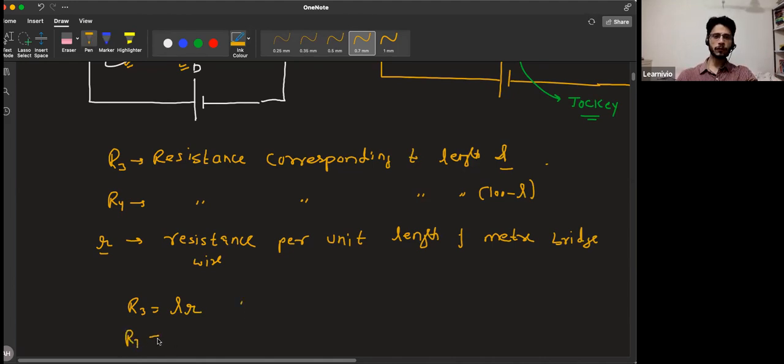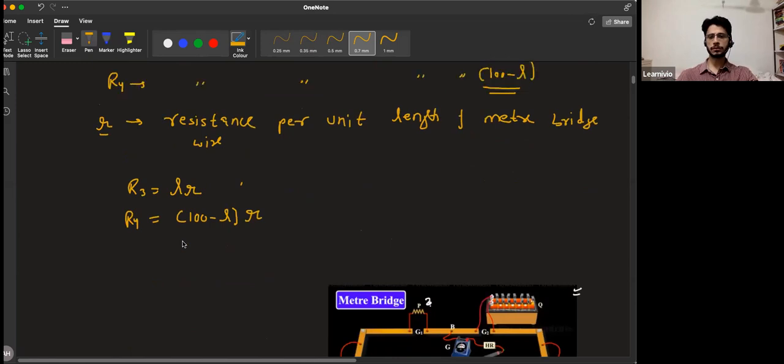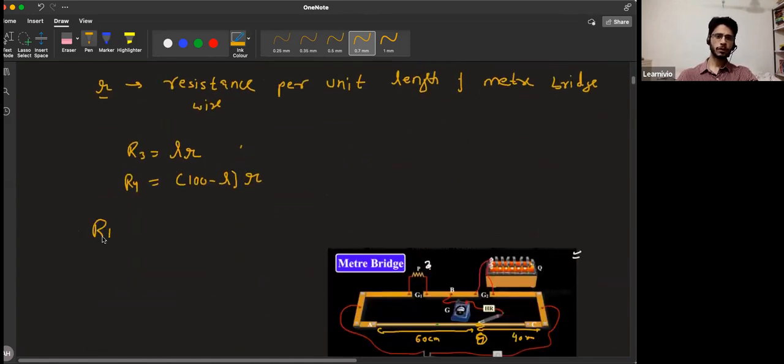Similarly, Kinza, what will be R4? It's 100 minus L, into r. And what is the balancing condition, Arpit? If this Wheatstone bridge is balanced, what does it mean? R1 by R2 is R3 by R4.